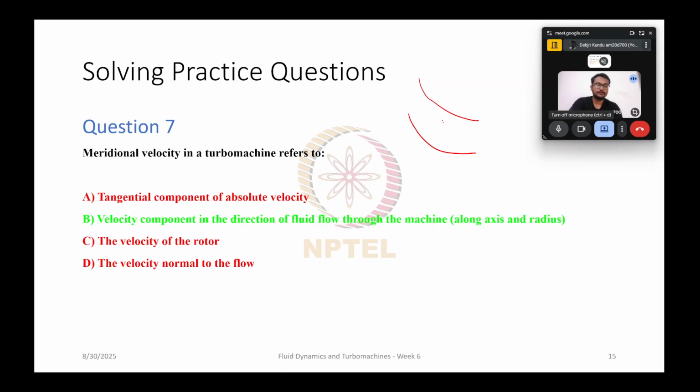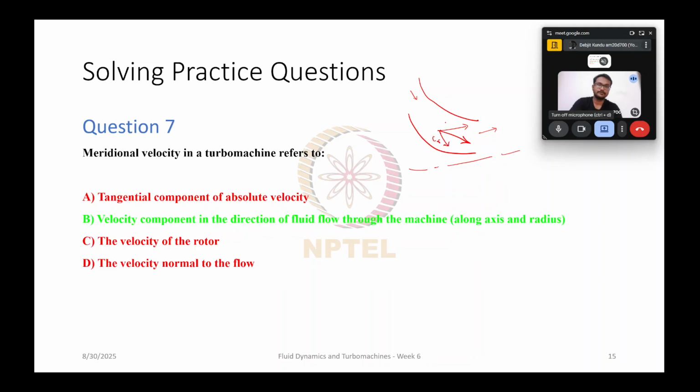if we take the example of a mixed flow machine where this is the axial direction, this is the center line through which it rotates. So there is a radial component as well as an axial component, right? So if I'm focusing on this velocity here, then it has an axial component as well as a radial component.